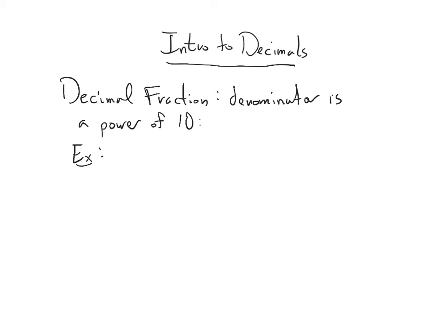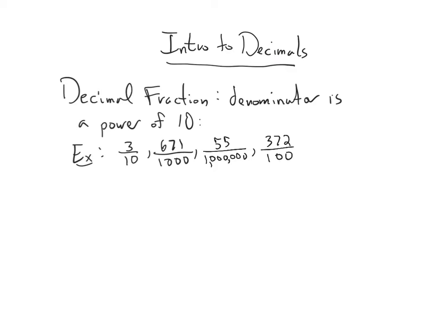Anything along these lines, something like 3 over 10, or maybe something like 671 over 1,000, or maybe 55 over 1,000,000, or maybe something like 372 over 100. We could make one of these negatives. Maybe let's make that guy negative, whatever. So these are all examples of decimal fractions.